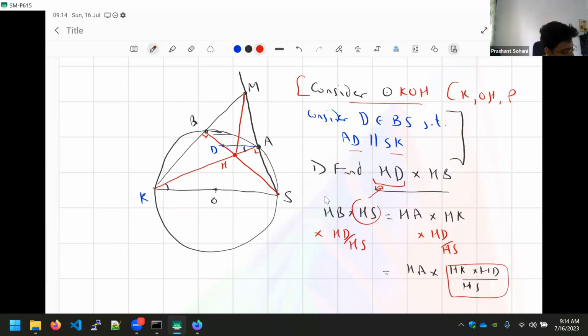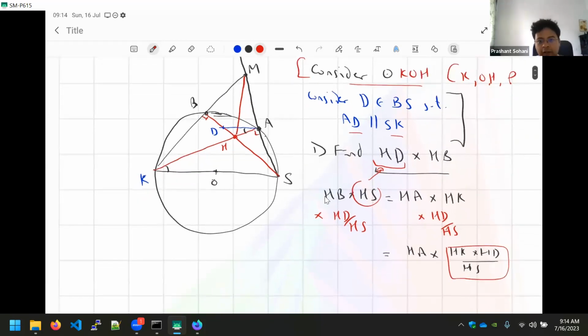Because as I said, because of the parallel lines. So this is the first thing we need to establish, that whenever you see parallel lines like this and we are talking about product ratios, always take your mind to similar triangles. That should be the first step that comes to your mind. So if you apply that in triangle DHA, which is similar to triangle SHK, then we can write the ratios.